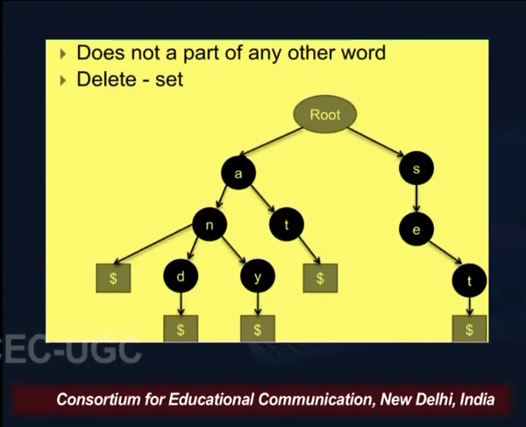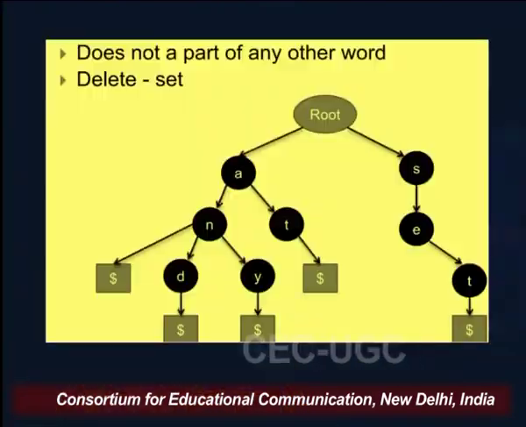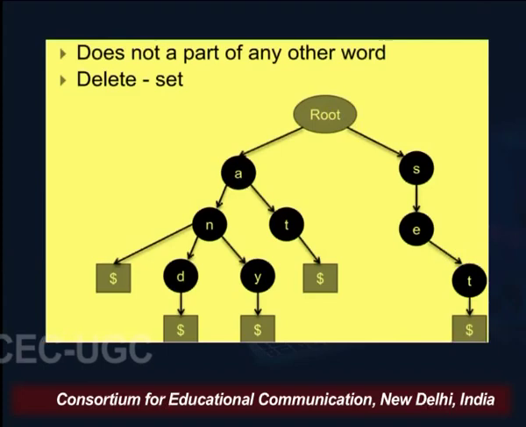So, in both scenarios, whether your word is a part of any other word or not, we can perform the deletion operation. The simpler idea is when the word is not part of any other word: that branch from root to leaf will simply be deleted. The other scenario is performed in a different manner.